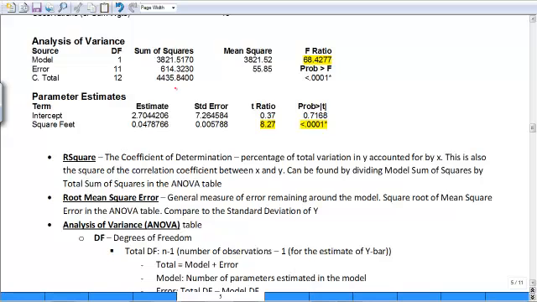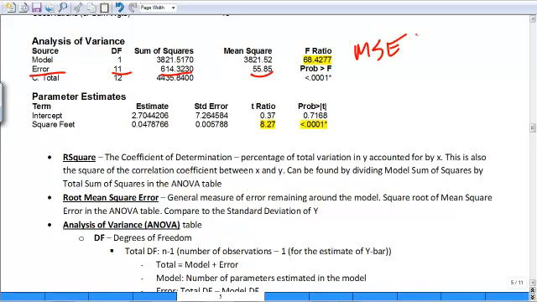To get to the mean square, we're going to divide the sum of squares by the degrees of freedom. For the model under simple linear regression, the sum of squares and the mean square are going to be the same. For the error, 614 divided by 11 gives us 55.85. This 55.85 is the mean square error for the model.